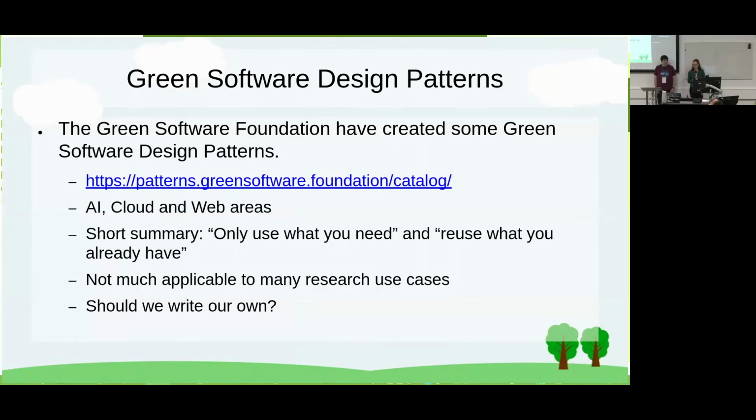So we'll just quickly highlight. There's also some design patterns relating to green software. If you're not familiar with the term design patterns, I think it originated with design patterns for object-oriented programming, so-called Gang of Four design patterns, and now is just a term used in general terms for an approach or a good practice.